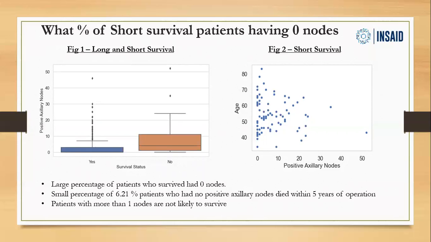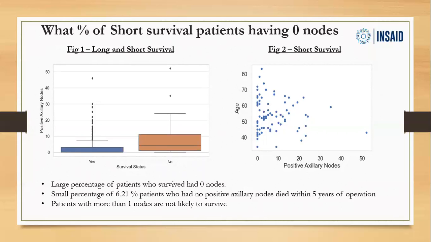On the right side, the orange plot denotes that some amount of patients also lie at the zeroth node, but the short survival category has more density after the zeroth node.